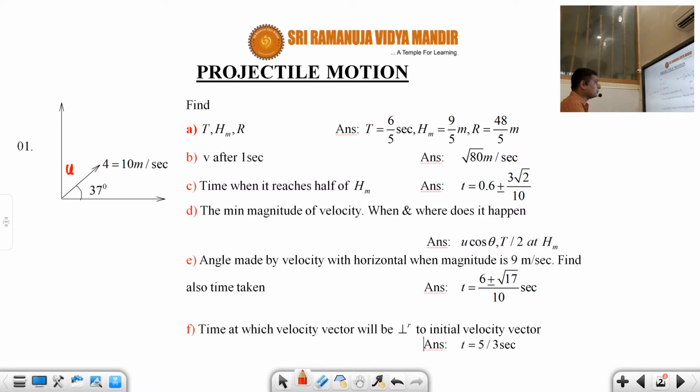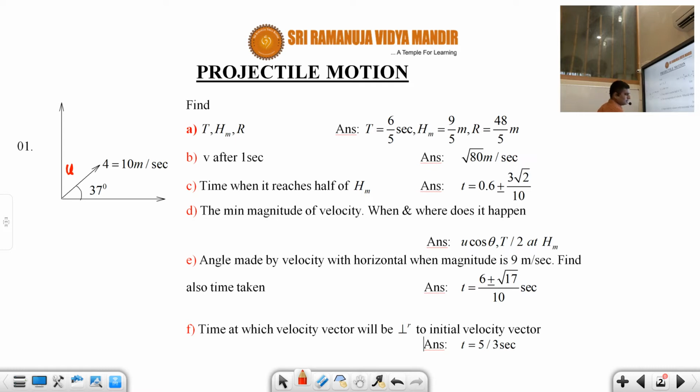If you understand this one problem, you can solve almost all problems on level to level projectile. Here there are parts A, B, C, D, E, F. Let us see how to solve each one. Please pay attention, students. This is very important.